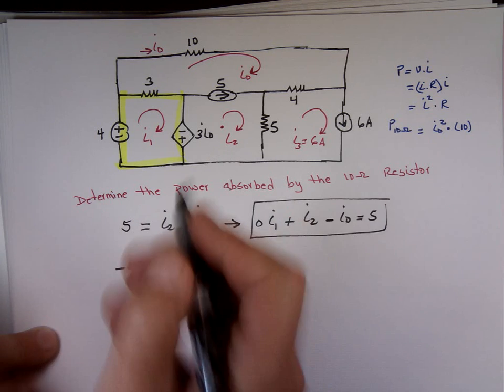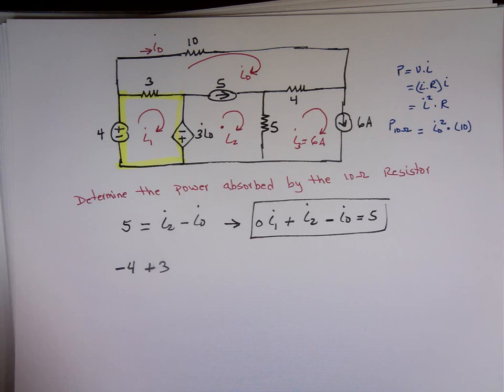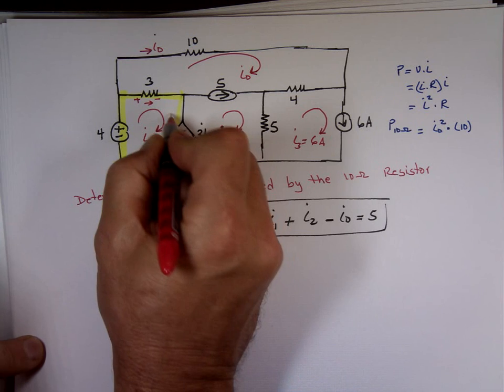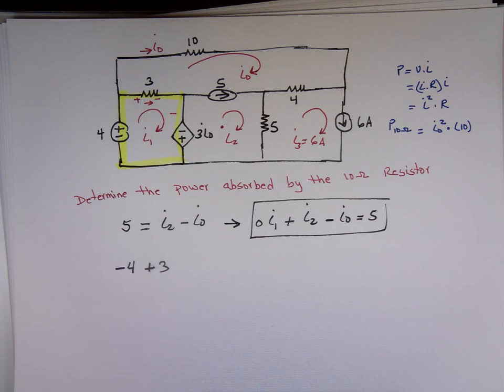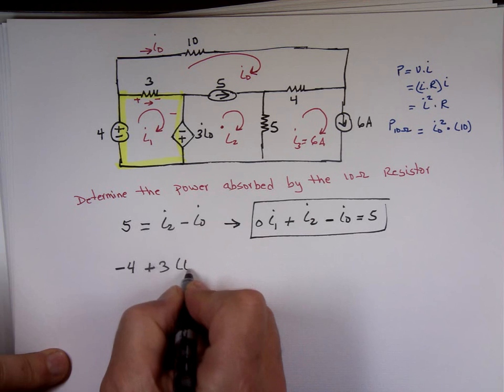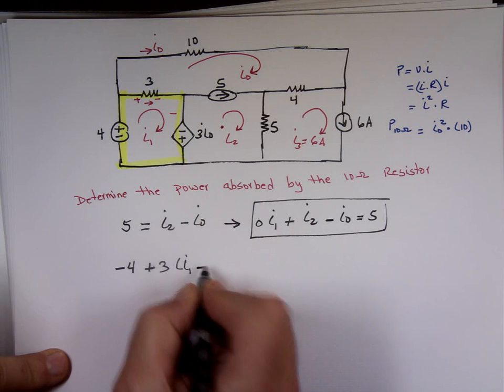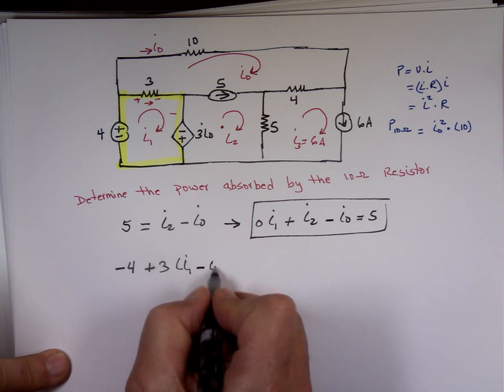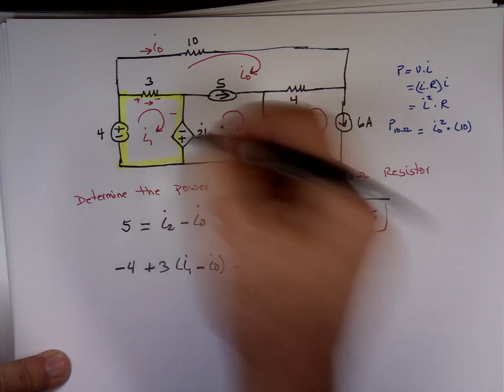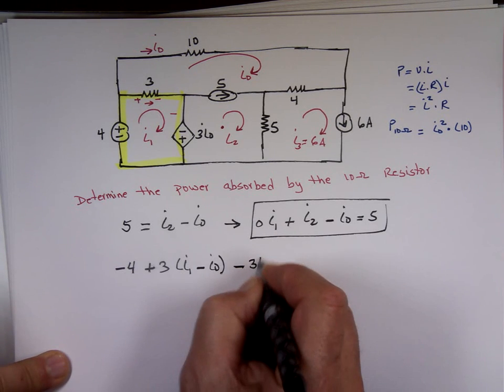I need it to the right. I sub 1 minus I sub O. Minus this voltage here, which is 3 I sub O, equals 0.